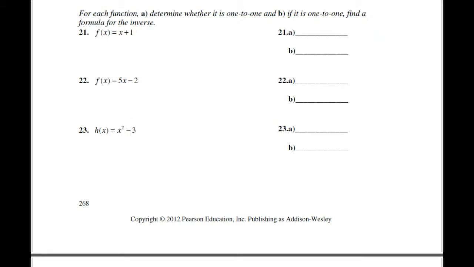So how do we set these up? Well, we set them up by saying, change this to y first, reverse the letters, solve for y, and then change the y to function symbol.